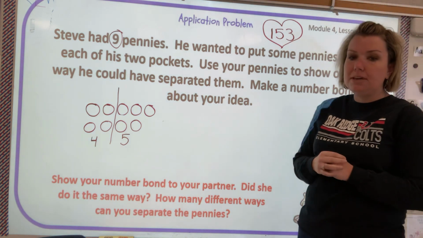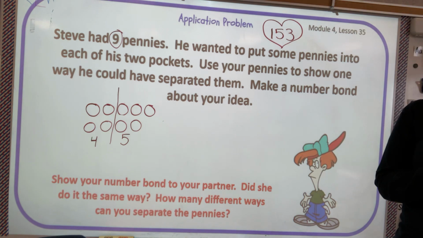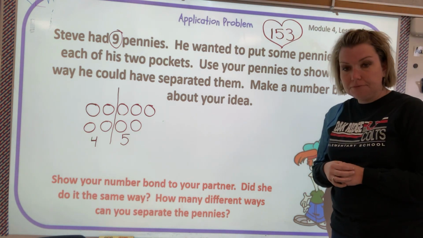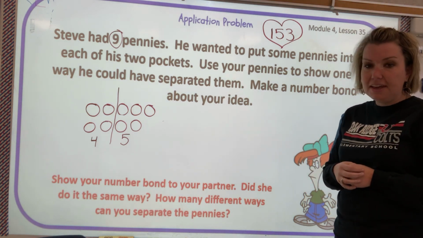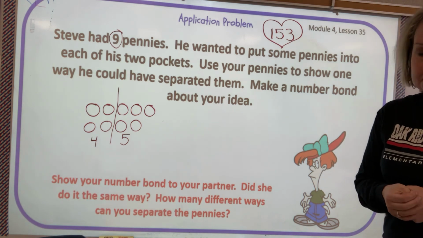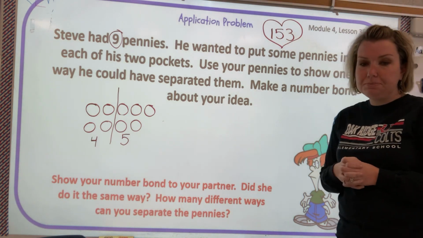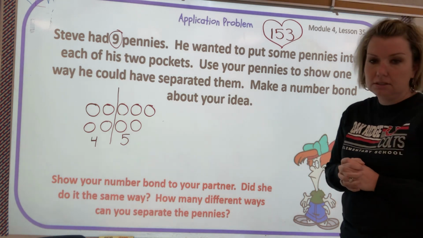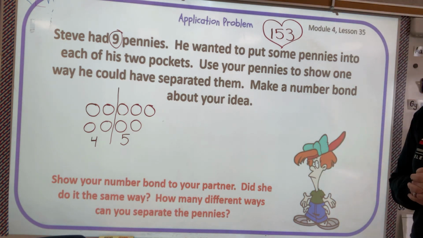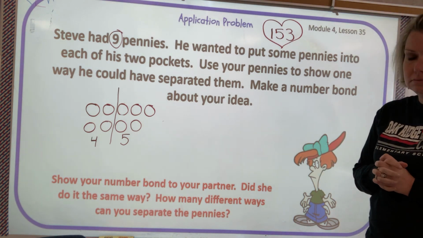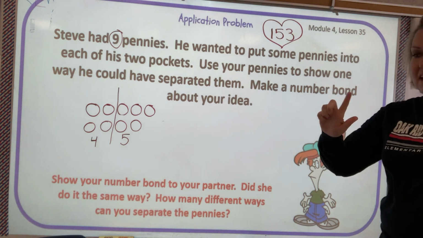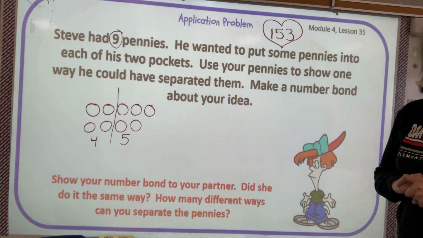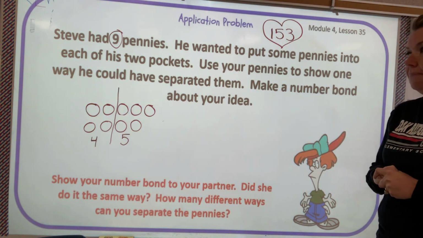Estelle, how did you separate yours into 2 groups? 4 and 5. Okay. Adeline, how did you separate yours? I did 7 and 2. Excellent.